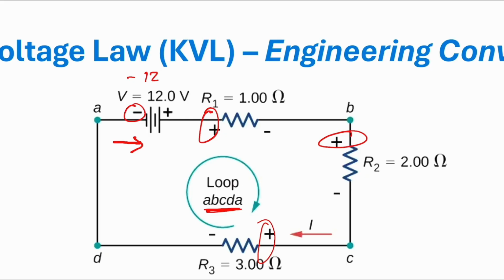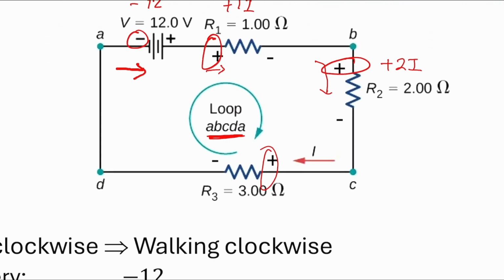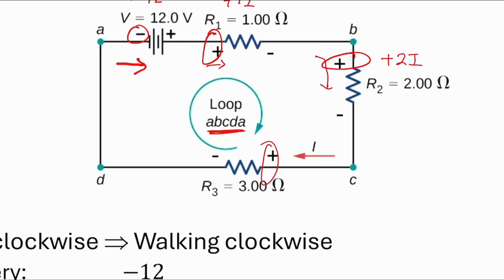And then it enters the first resistor R1 from the positive side, so this is plus IR, and R is 1, so 1 I here. Same, this is positive 2 I, and same, this is positive 3I, because it enters the resistor from the positive potential side.